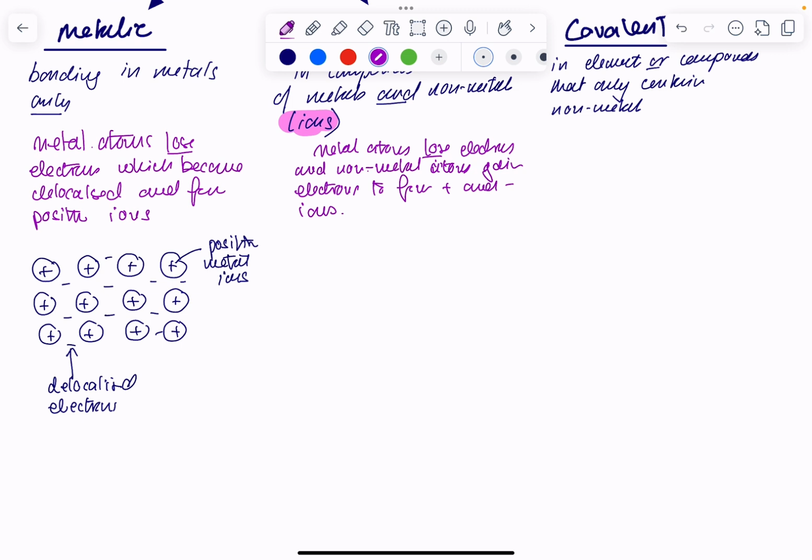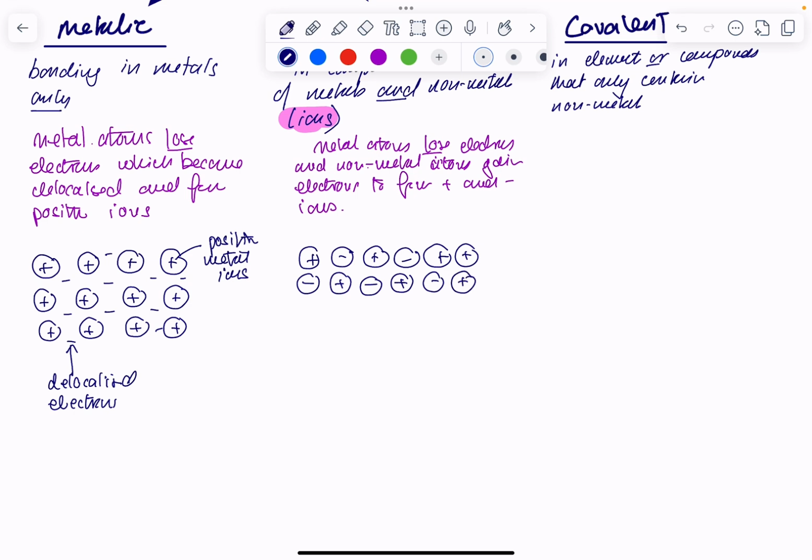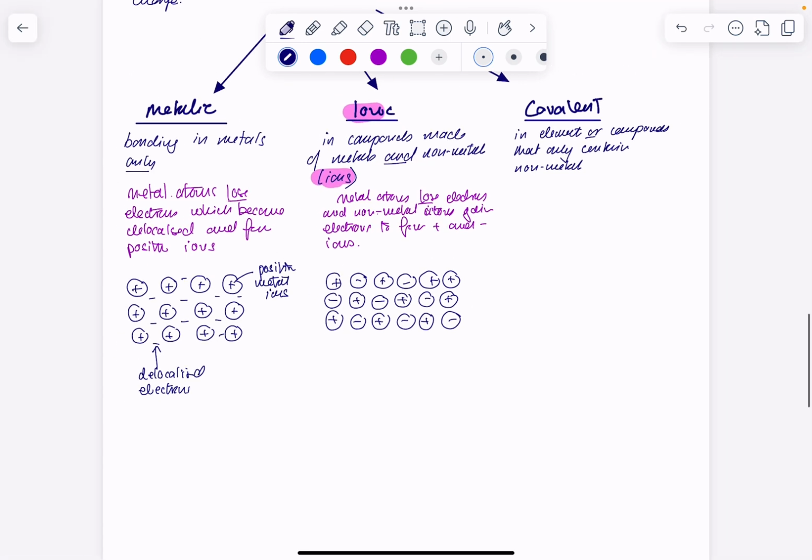What that looks like then is a lattice that forms between positive and negative ions.